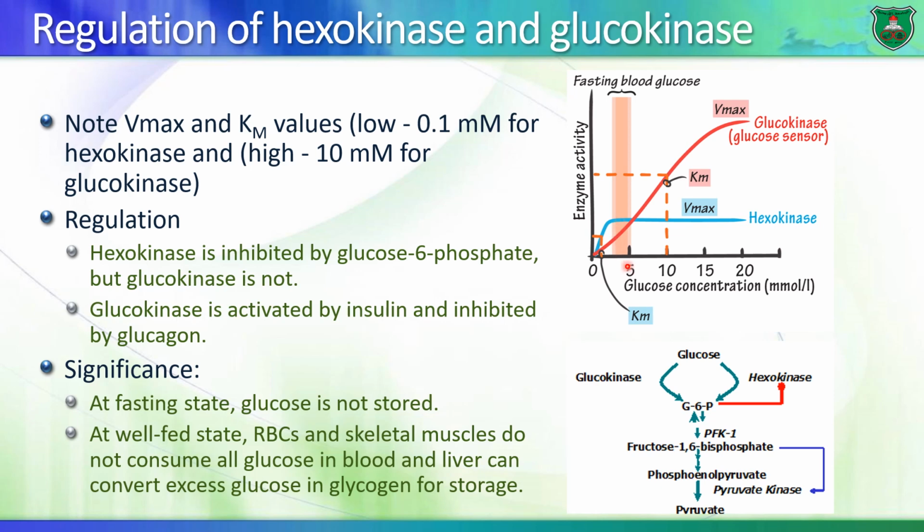But when we eat, red blood cells and skeletal muscles use whatever they need of glucose, converting it into glucose 6-phosphate by hexokinase, but they spare the extra glucose for liver to store as glycogen. So it makes sense, right? Lovely.